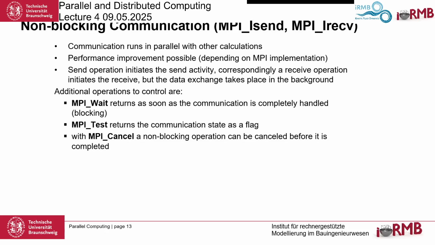So basically, you may need to know when the sending is actually done. You do something else, but then you want to use the buffer again later. In order to control this, you can use MPI wait.